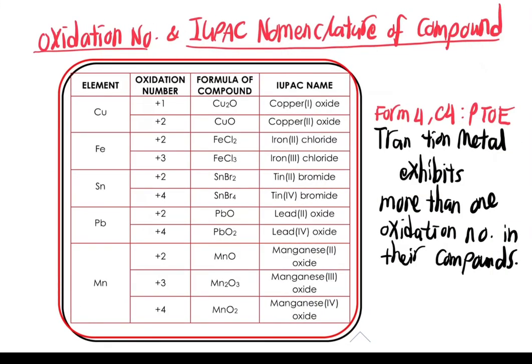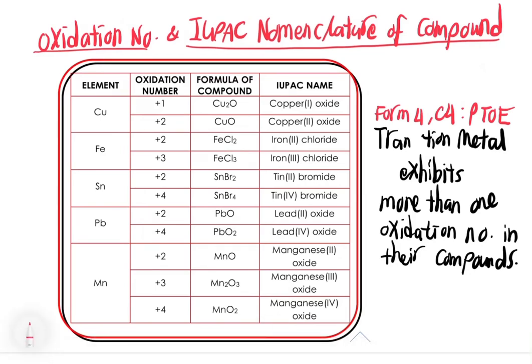So now I would like to relate the oxidation number with IUPAC nomenclature of compounds. If you remember in Form 4, Chapter 4, Periodic Table of Elements, transition metals exhibit the special characteristic of having more than one oxidation number in their compounds.